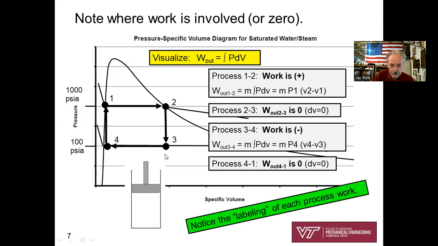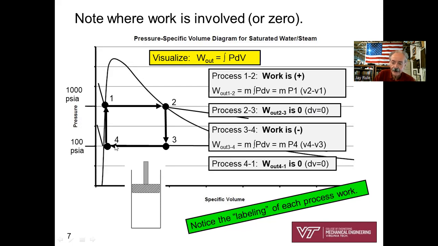And I'll bet I can get that from the steam tables. Process 2 to 3. What's the area under the curve? I see it with my eyes. It's numerically 0. Got it. Process 3 to 4, a constant pressure process. I can see the area under the curve is a rectangle again, and the value is going to be a negative number because I'm integrating from right to left.